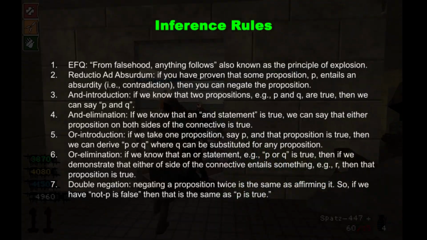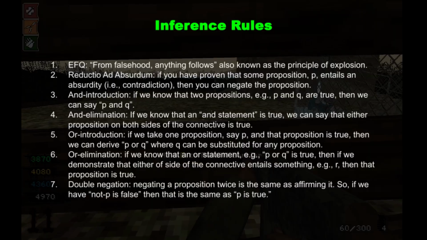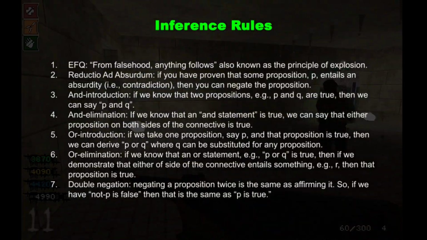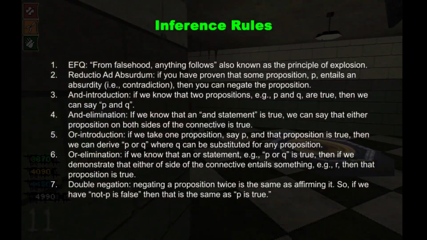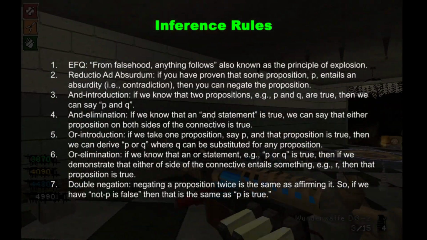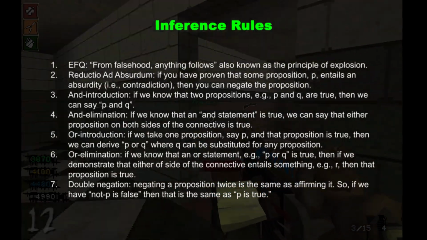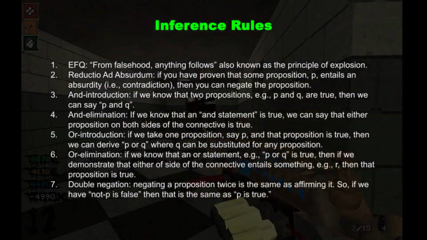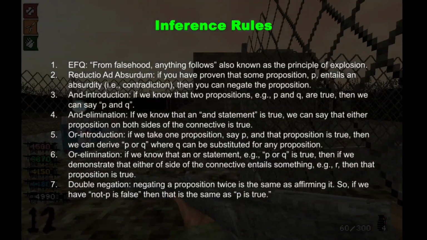Now, we have or introduction, which is somewhat similar to and introduction. However, with an or statement, which we earlier defined as a disjunctive statement, if you take a proposition P, right? If that proposition is true, you can say P or Q is true, where Q is a substitute for anything, simply because in a disjunctive statement, only one of the propositions has to be true.